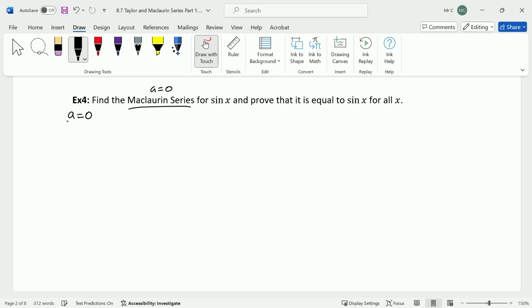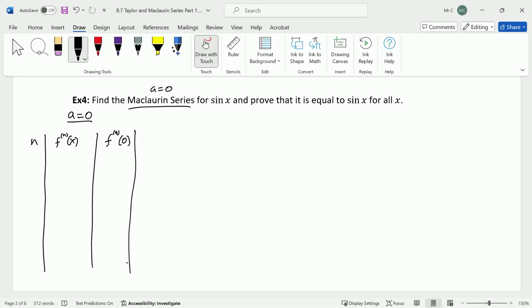If a is 0, we're going to set up a table with our values for n, the nth derivative of f at x, and then we're going to evaluate that nth derivative at a, in this case 0. So we're looking at n is 0, 1, 2, 3, 4, 5, 6, and that's enough. If we don't recognize the pattern by then, we've got a problem.